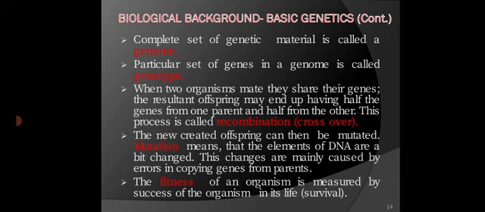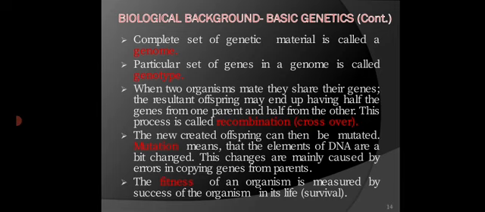The newly created offspring can then be mutated. So the second step after crossover is mutation, meaning that the elements of DNA are changed a bit. These changes are mainly caused by errors in copying genes from the parents, right? So mutation is a change of DNA.